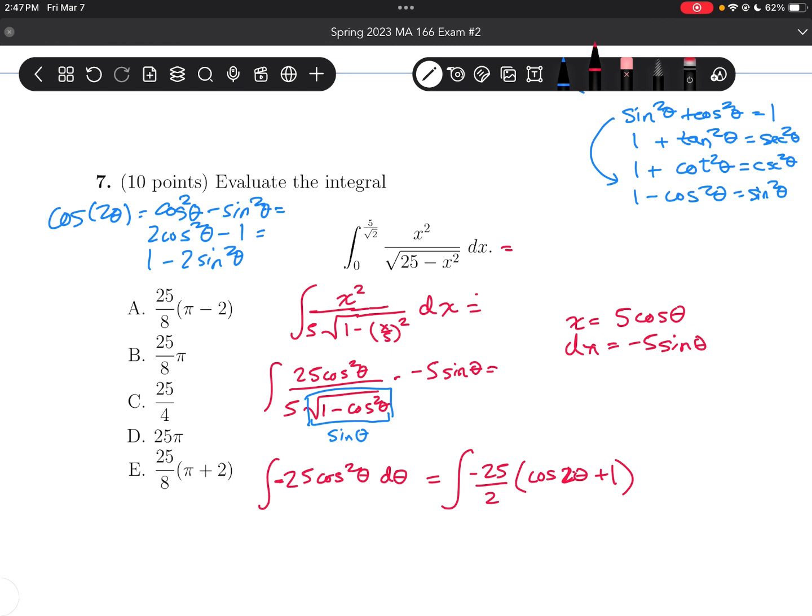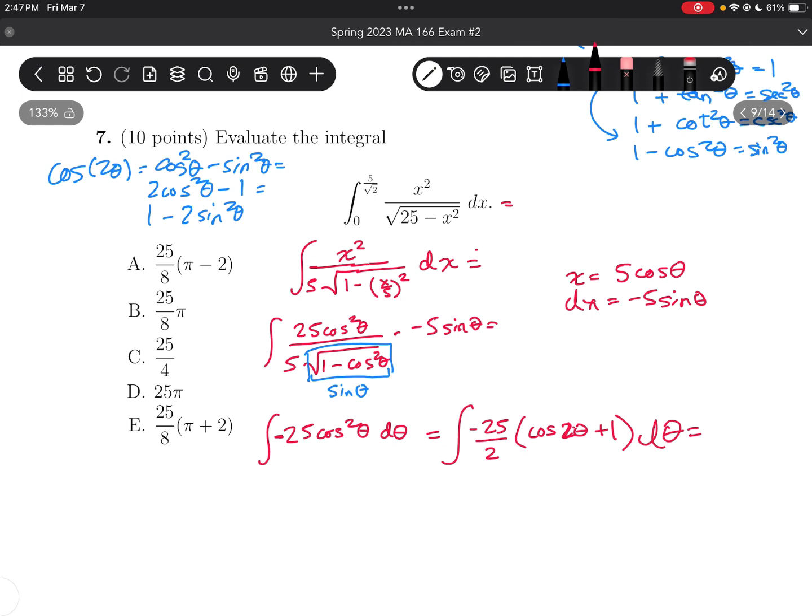Okay, and now we have something that we can easily calculate the antiderivative of. All right, so let's find the antiderivative. I can pull the negative 25 halves out. The antiderivative of cosine 2 theta would be sine 2 theta divided by 2. And the antiderivative of 1 is just theta.